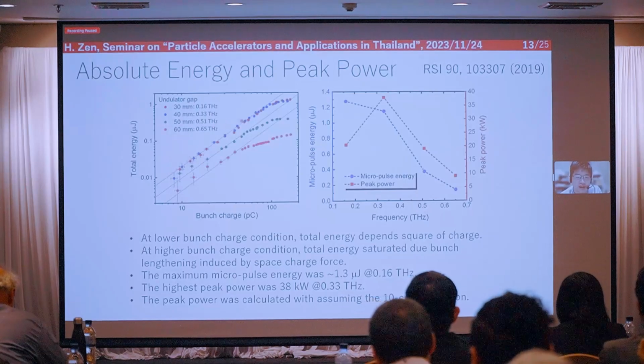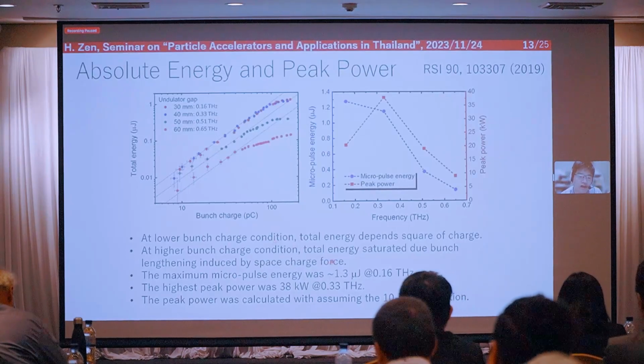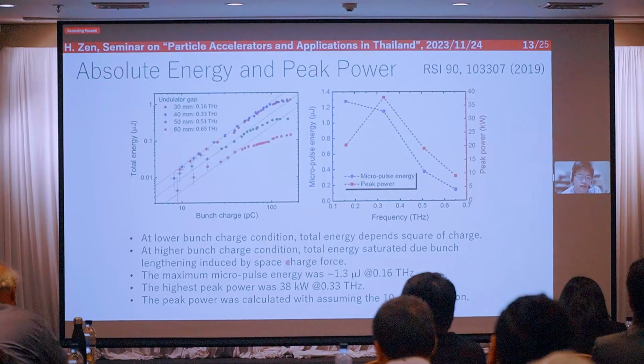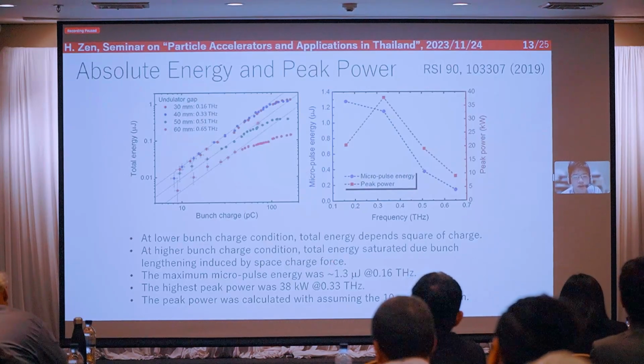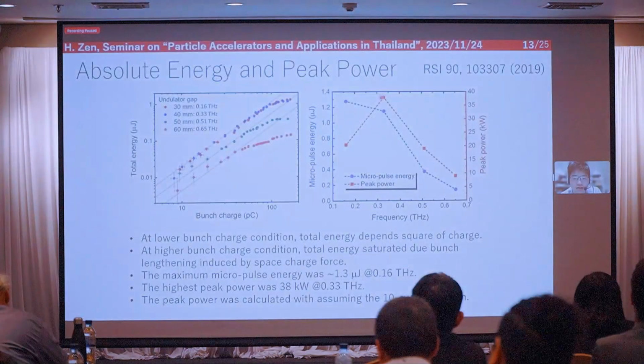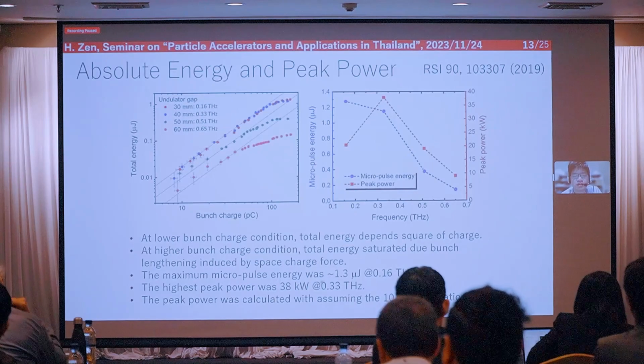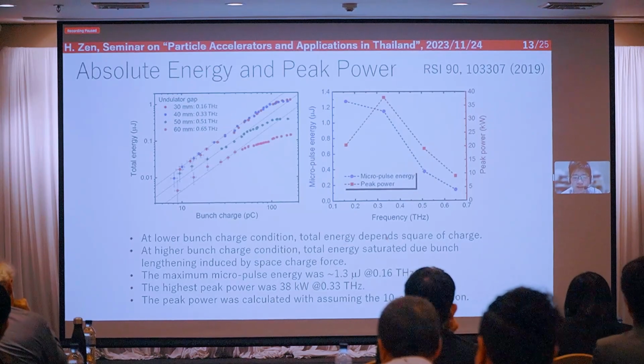But at the higher bunch charge condition, total energy is saturated due to the bunch lengthening induced by space charge force inside the bunch. And then the maximum micropulse energy was around 1.3 microjoule at 0.16 terahertz. And the highest peak power was 38 kilowatt at 0.33 terahertz. The peak power was calculated by assuming the 10 cycle radiation.